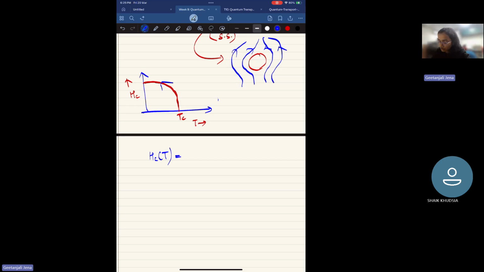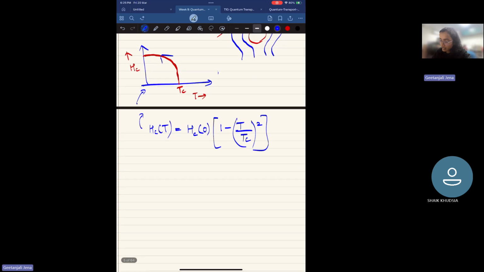Then for that, you need to know what is the critical field at 0 Kelvin. 1 minus T by Tc whole square. So this is what I haven't drawn in this diagram. So that means this magnetic field, the critical magnetic field, is highest when temperature is 0 K. That is this point here.